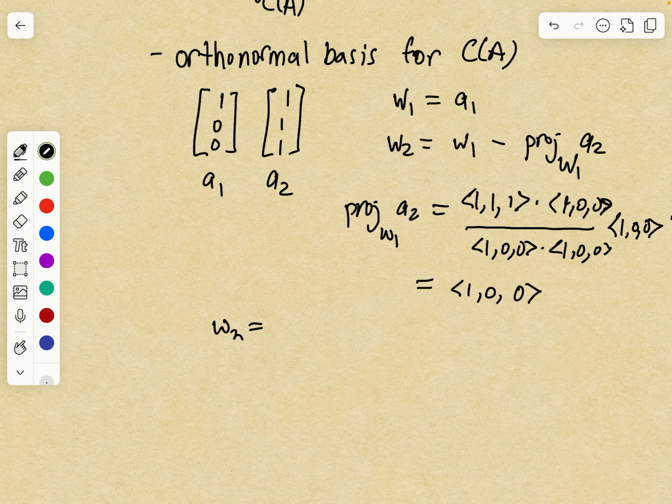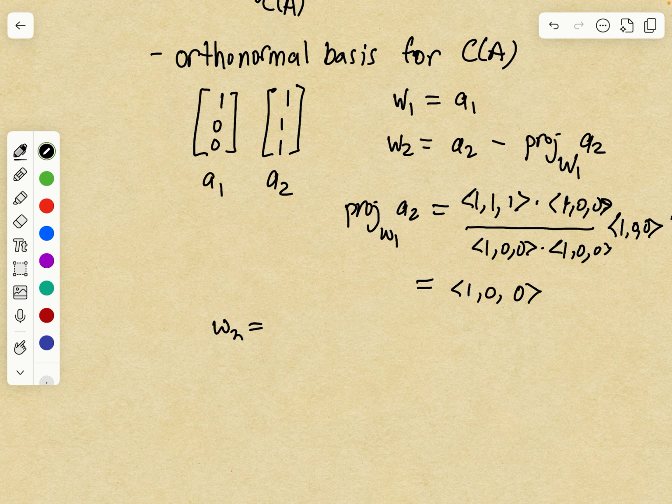Hold on. Oh, sorry. This is not correct. It should be A2 minus the projection, right? Because what's going on, let's just remind ourselves.